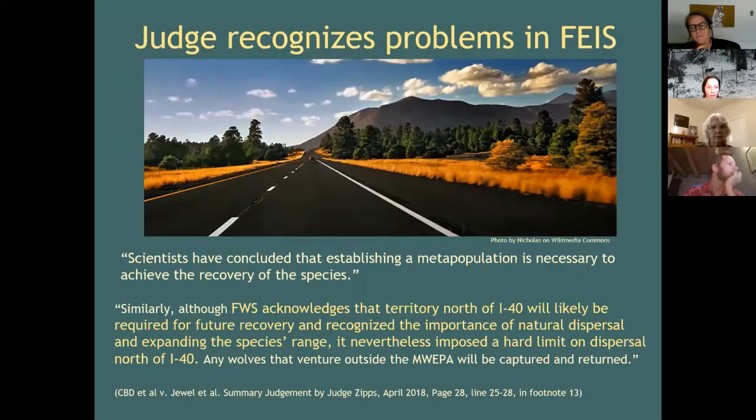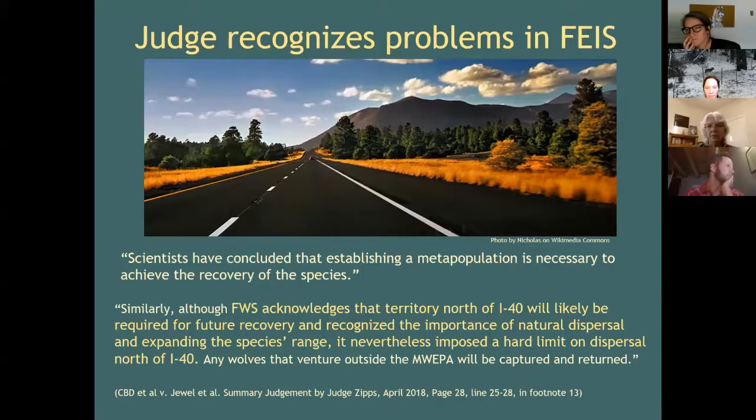And although the US Fish and Wildlife Service acknowledges that territory north of I-40 will likely be required for future recovery, and recognizes the importance of natural dispersal in expanding the species range, they just decided to impose a hard limit on dispersal at I-40, and any wolves that move north of I-40 will be captured and returned.